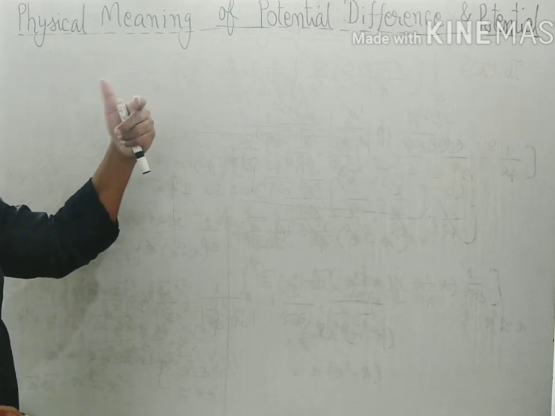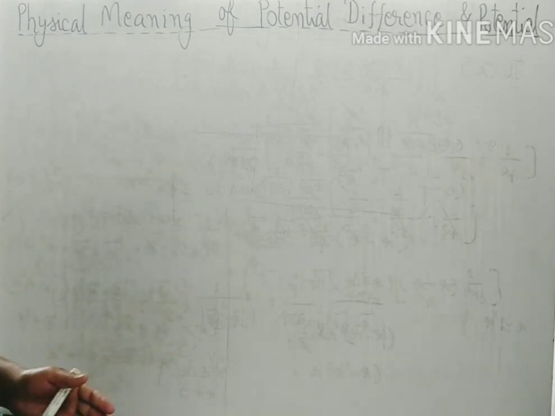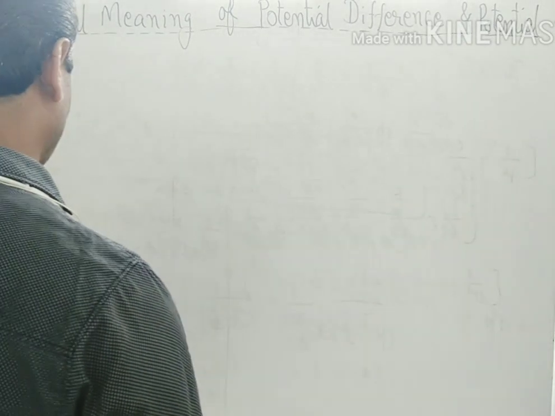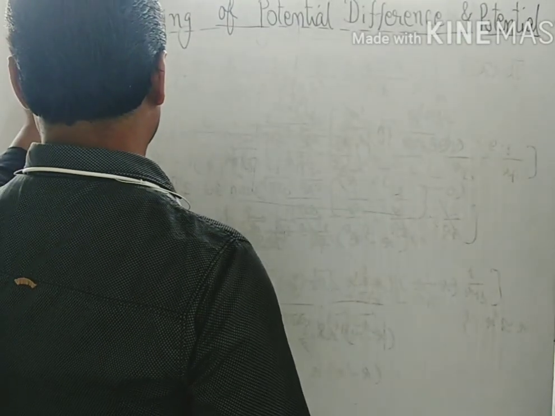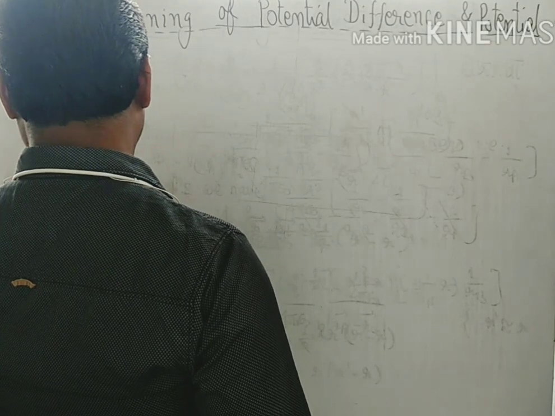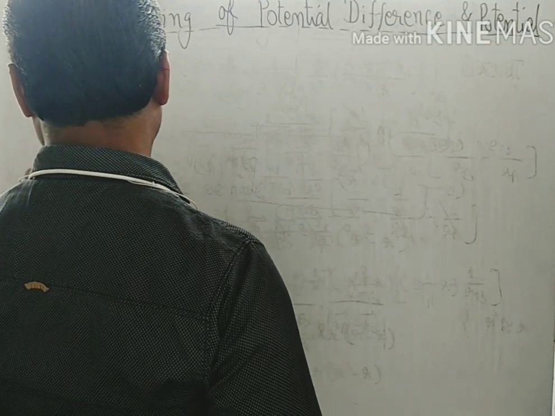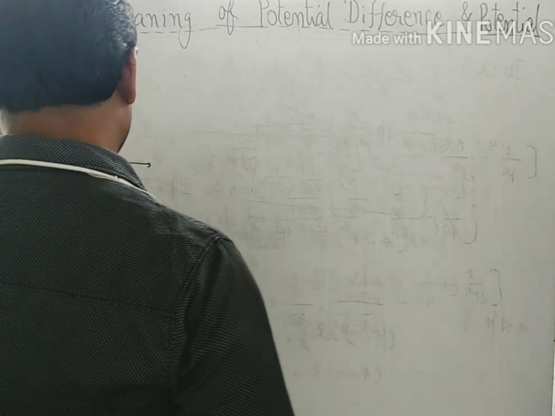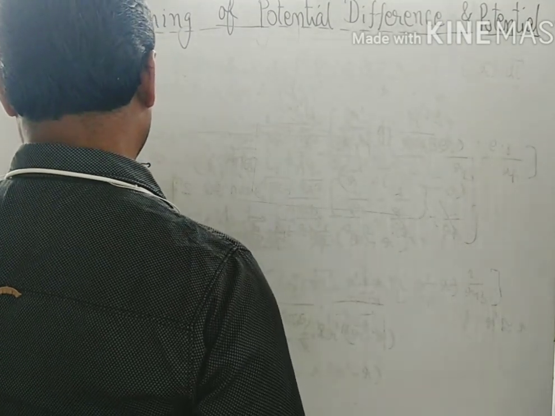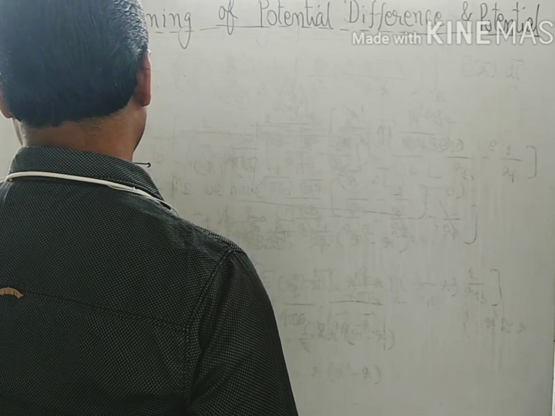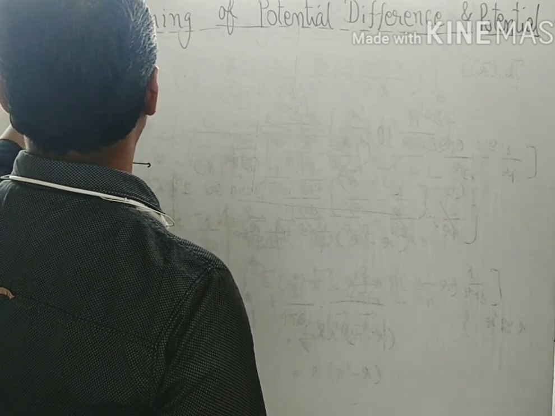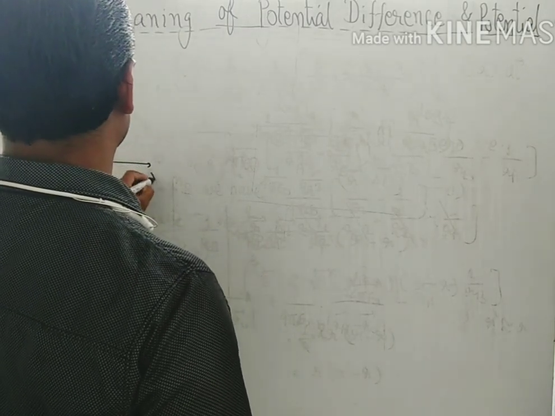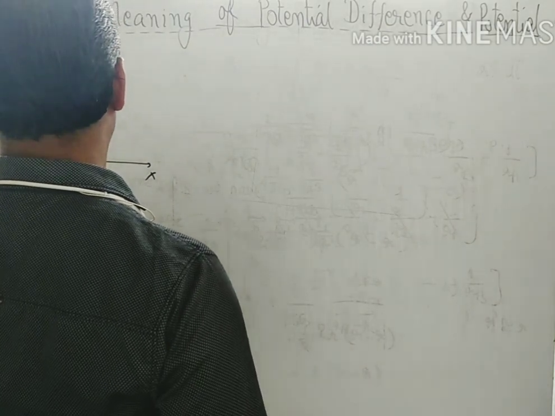So this is the concern of this topic. So let's begin. Here suppose we have a three-dimensional rectangular coordinate system once again, where the presence of a positive q charge is being considered at the origin of this 3D rectangular coordinate system x, y, z.